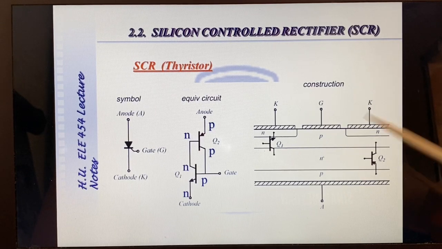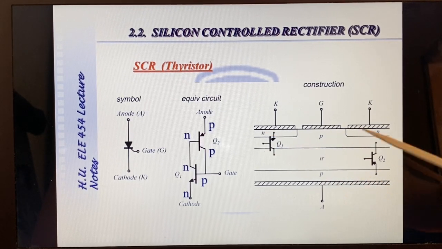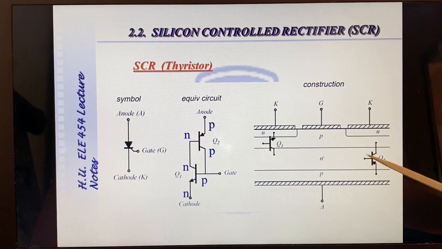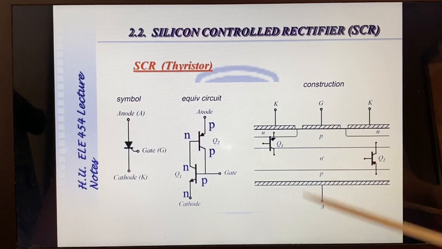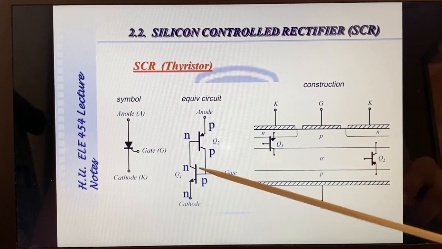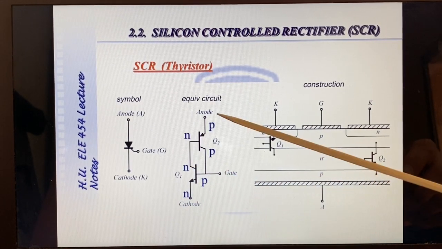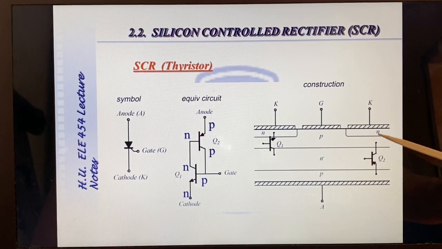We said this is a PN device. It is actually constituted of two intrinsic BJTs. You can consider it as if it were two cascaded BJTs, Q1 and Q2, an NPN transistor in cascade with a PNP transistor.